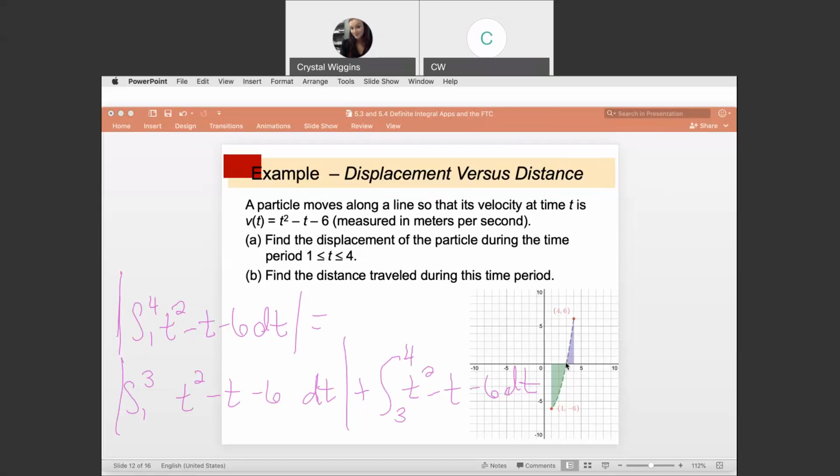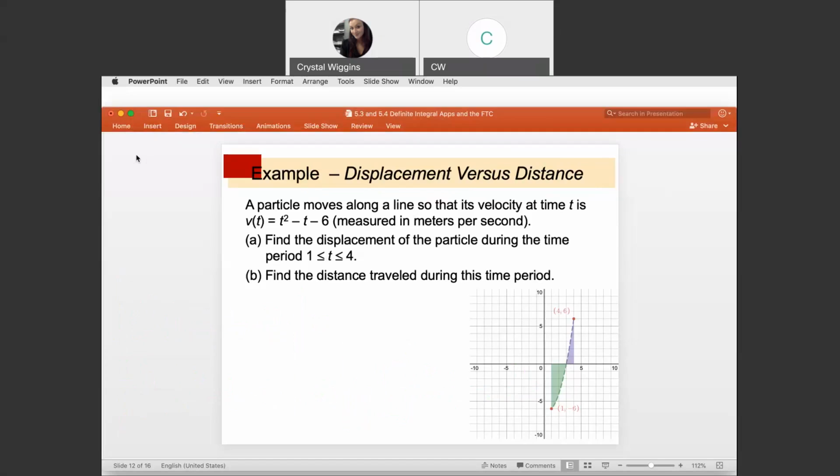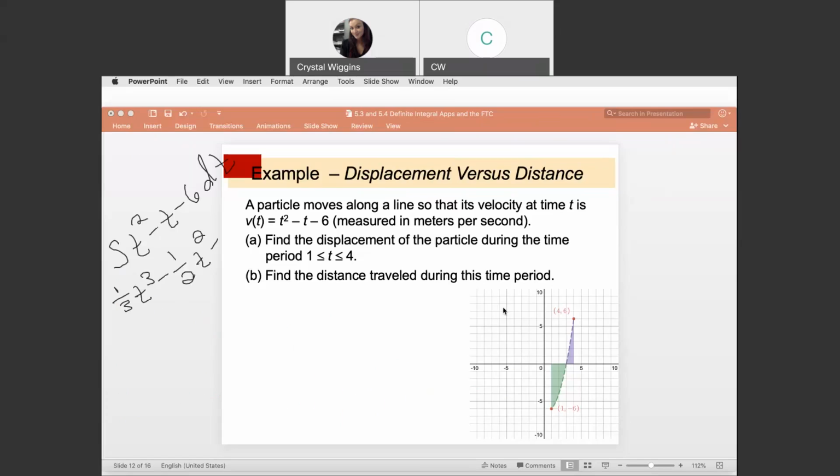So we already know what this antiderivative comes out to be. Okay, so we do know that the integral of t squared minus t minus 6 dt we calculated to be 1/3 t cubed minus 1/2 t squared minus 6t.